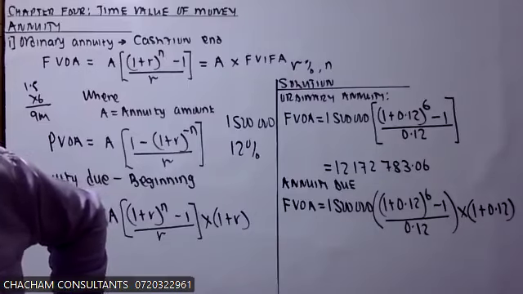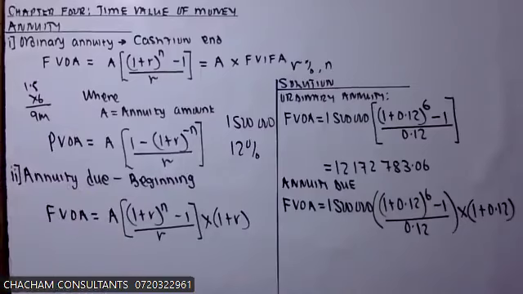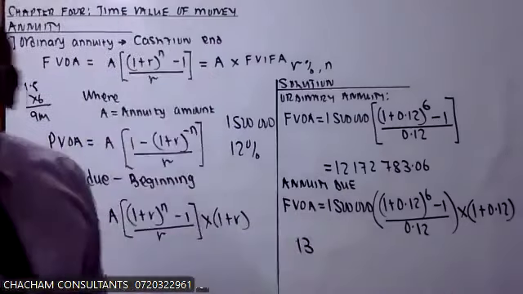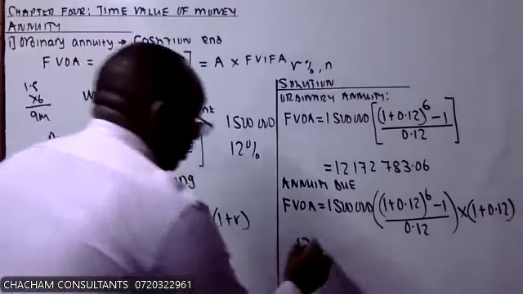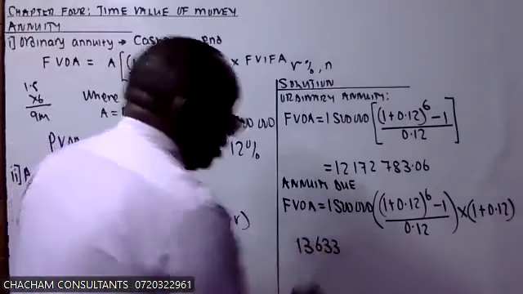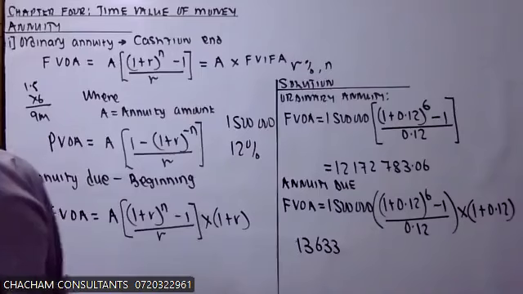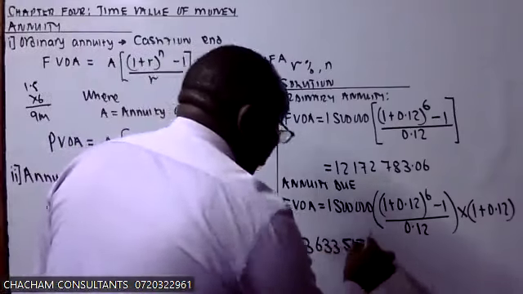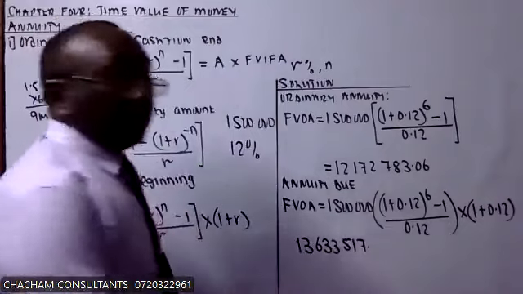Yes, that is Dennis. The others? Yes, same. That is that 10 million 633, 517.59.